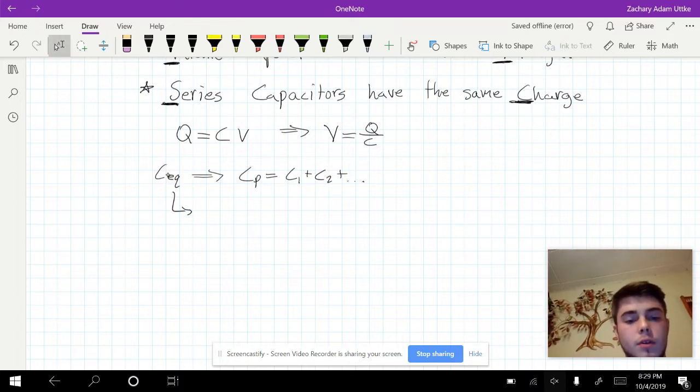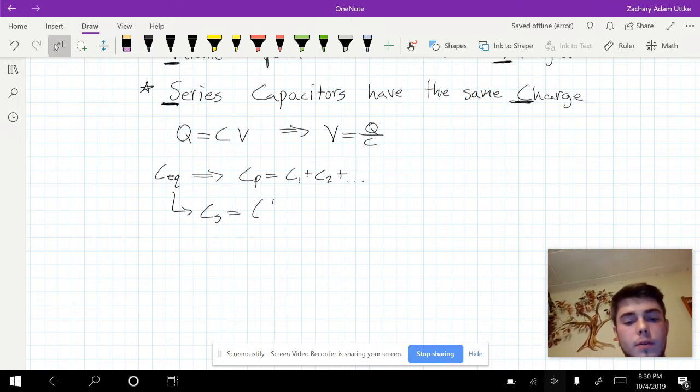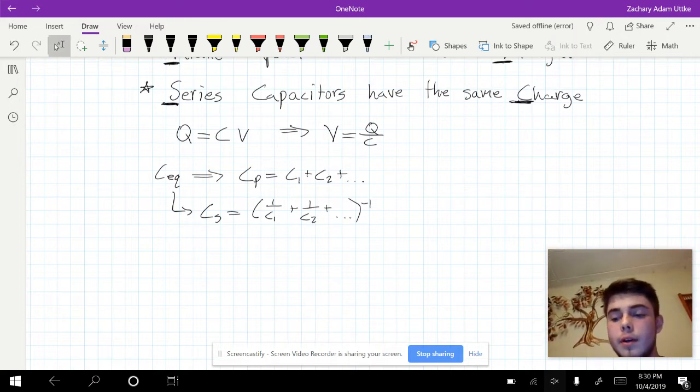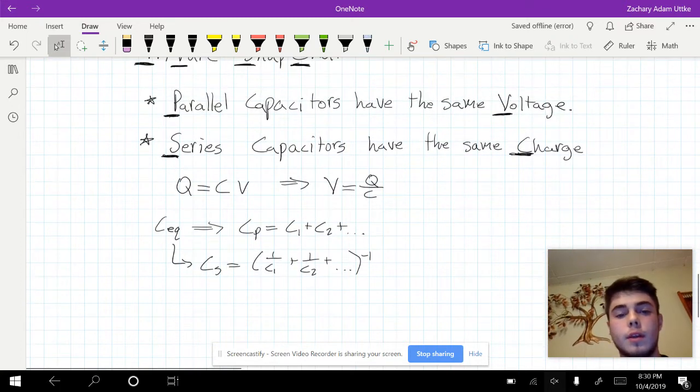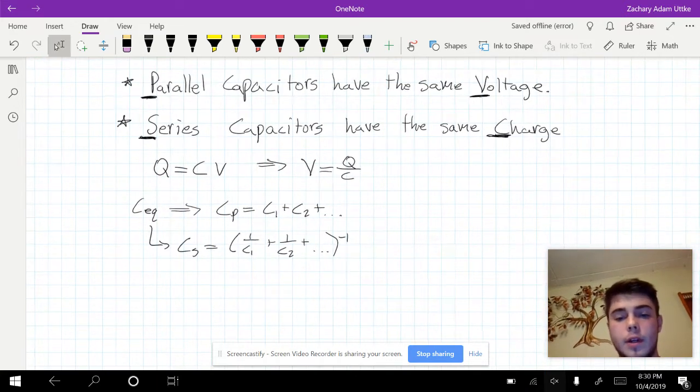And also C_S for when they're in series. That is written like this. And you'll probably be given these equations, but this is how I like to write them. So here are the key things that we have. This is really all that you need to solve these problems, and let's figure it out.